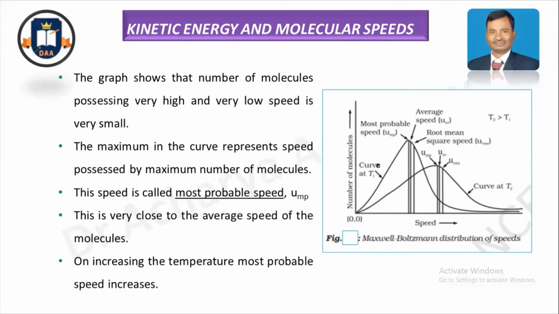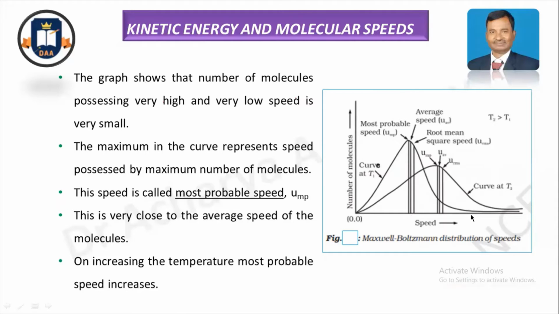So now we see what the observation from this curve will be. Consider any one curve. At very high speed, y is almost 0, which means the number of molecules is very less.